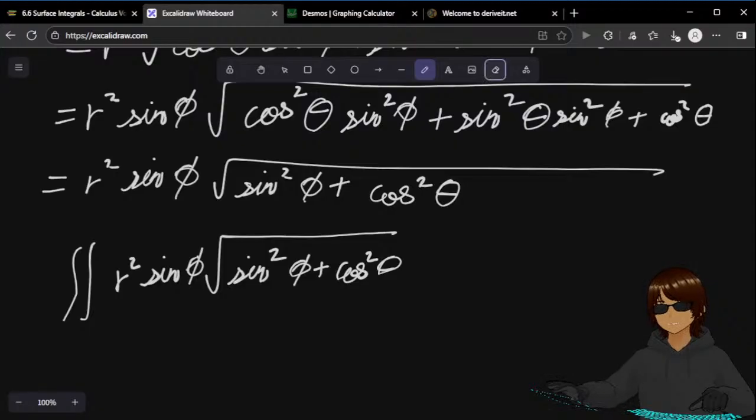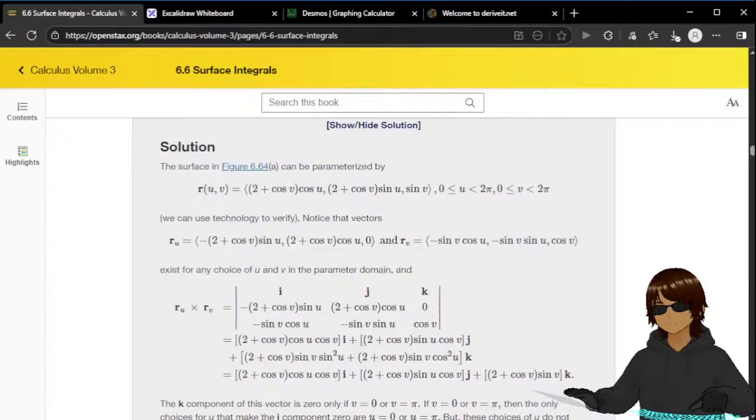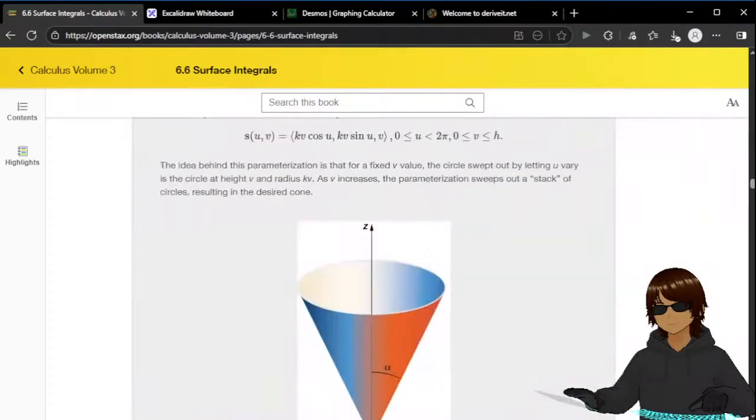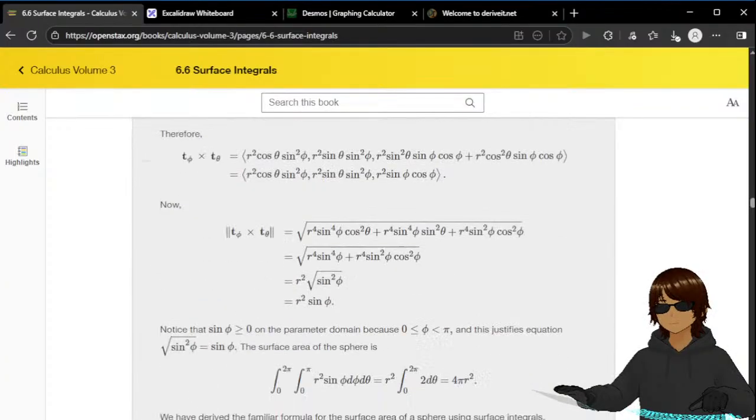We can take the r square out. Can derive it with respect to phi first. Imagine if it's a simple answer.